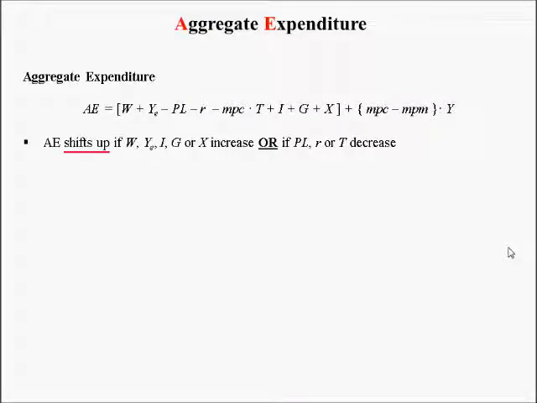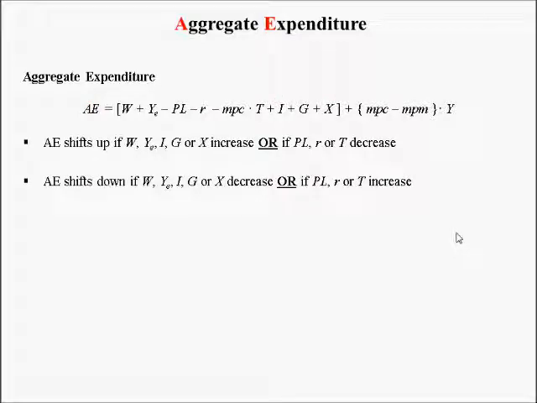So, aggregate expenditure shifts up if wealth, future expected income, investment, government spending, or exports increase. Aggregate expenditure also increases if the price level falls, the real rate of interest falls, or taxes are cut. Okay.